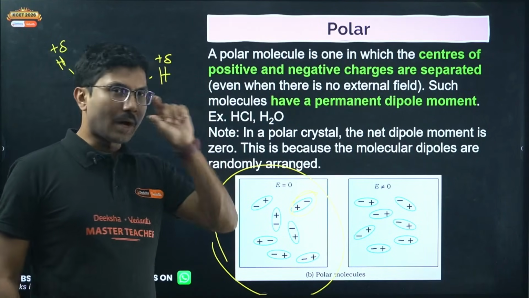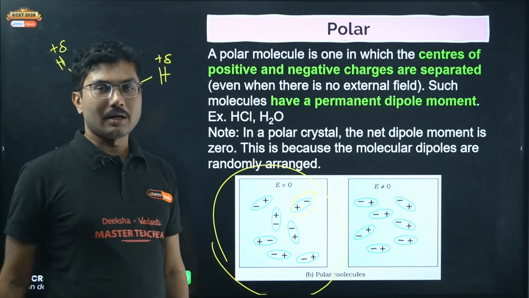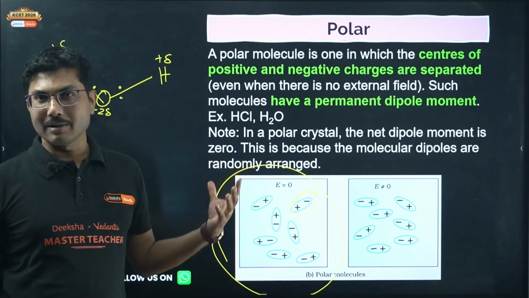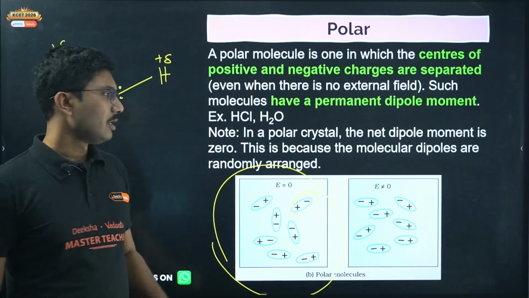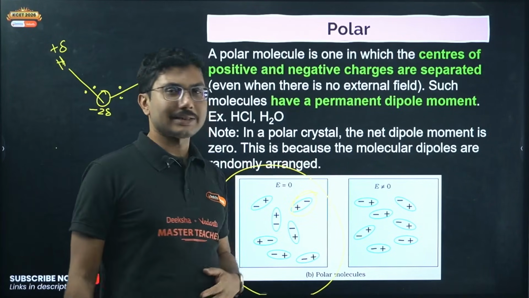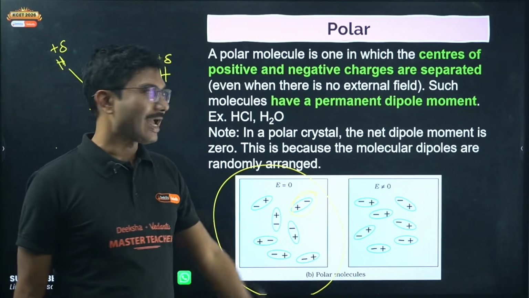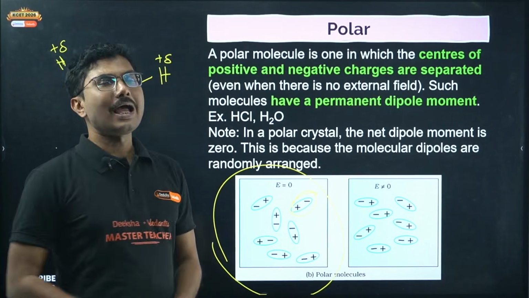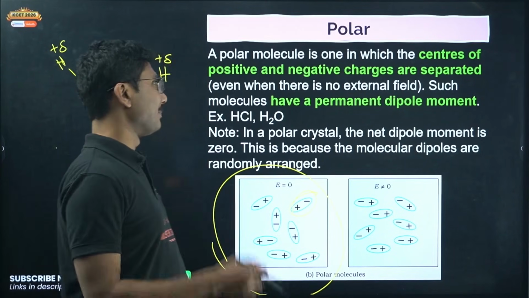If you take one molecule, you will find some dipole moment, but if you take the entire object together, the net dipole moment will still be 0. So remember, this is very interesting. And when you apply an external electric field, what happens? Some of the dipoles get arranged according to the external electric field, and that again reduces the external electric field.